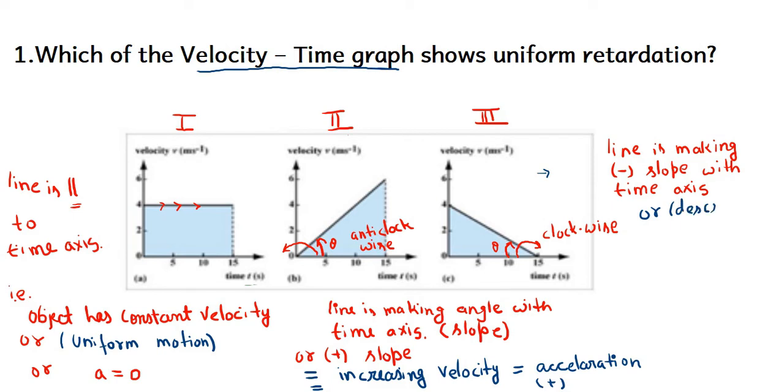Let me write decreasing velocity. Decreasing velocity also means that object has negative acceleration. So in other words, we can also write negative of acceleration.